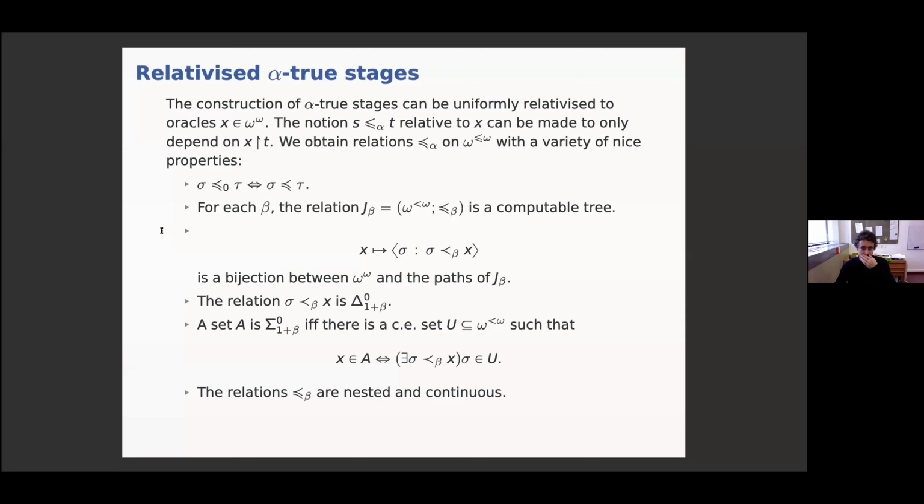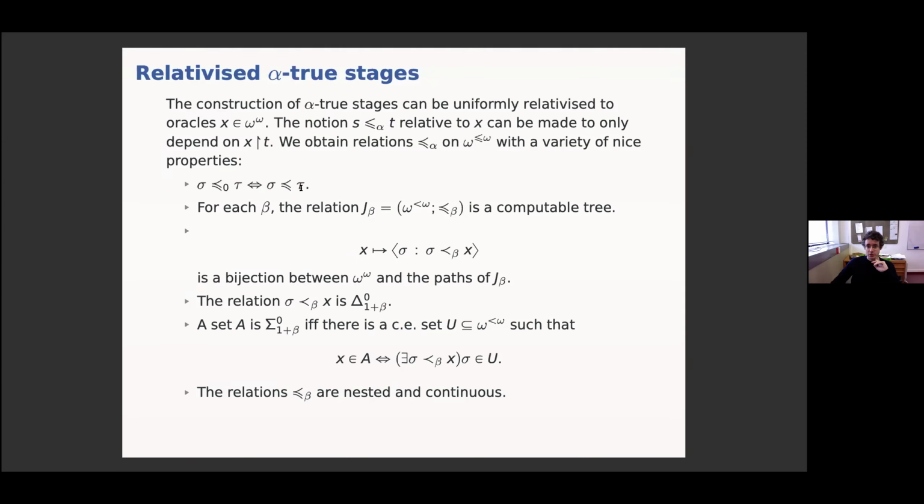From now on, we won't actually need the definition, which I didn't give in detail, but just these kinds of properties of these systems of relations, right? So tau is a beta true extension of sigma, or more precisely, sigma appears beta true to string tau, is a system of relations that have all of these nice properties.